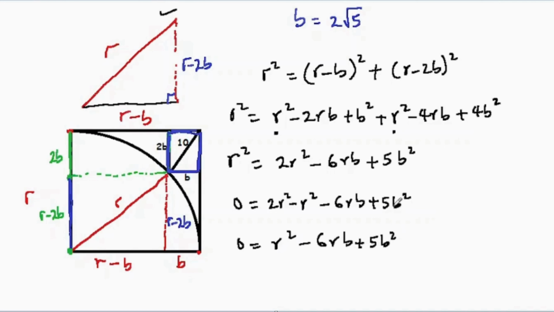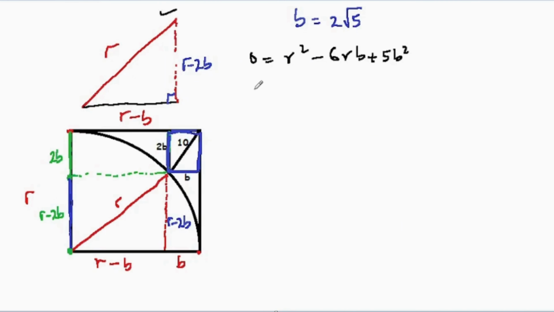So what we are going to do at this point is to substitute b with 2 root 5. So we're going to have 0 equals r squared negative 6r times b, and b is 2 root 5, so we have 2 root 5, plus 5 times b squared.